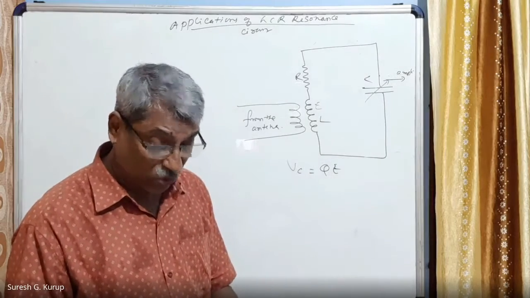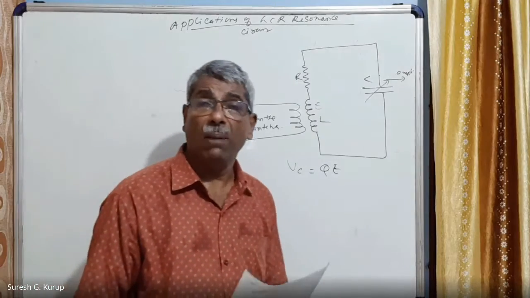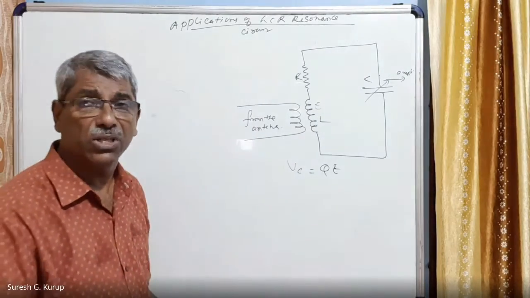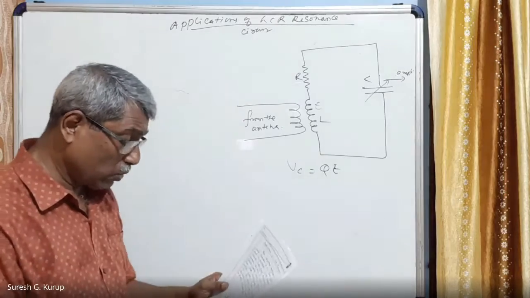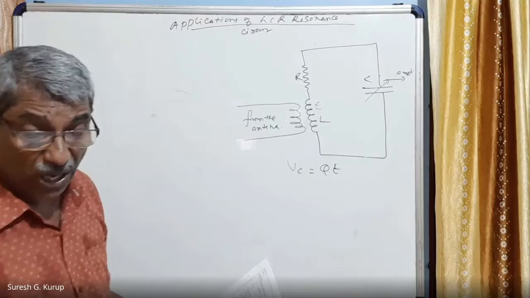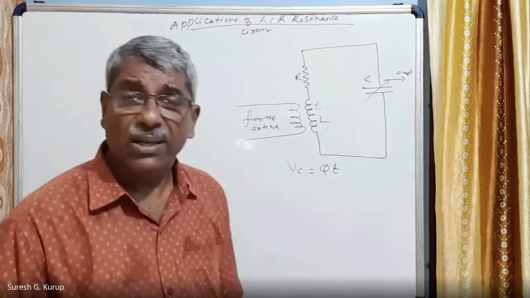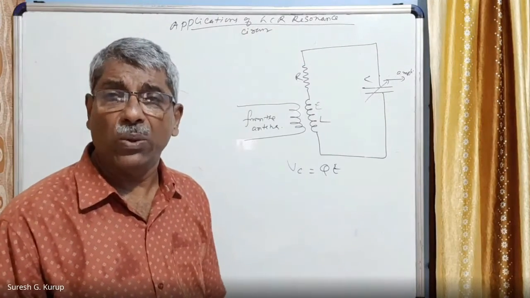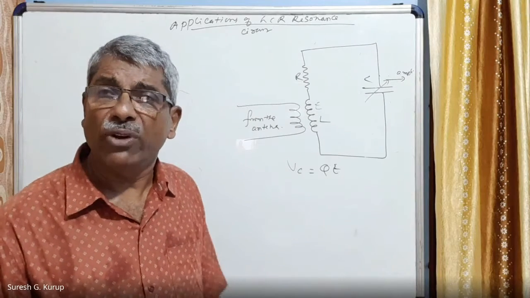So these are the applications of the LCR series resonance circuit, and it is used for tuning radio, television, etc. Am I correct? For any such circuit to work, there must be a range of frequencies.